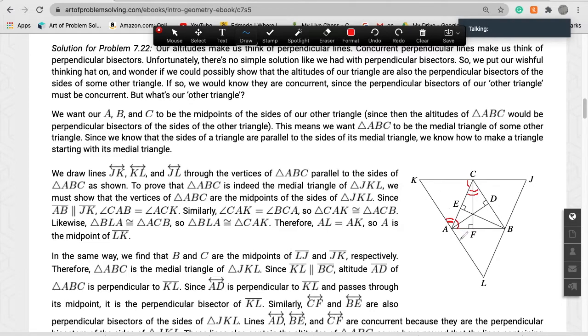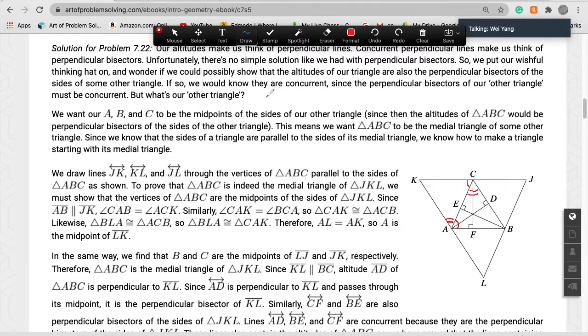Because the line we drew through A, KL, is parallel with BC. So these two angles are also alternate interior angles, right? Then these two triangles share the side AC. So we can use the theorem we learned, called ASA, to prove these two triangles are congruent.